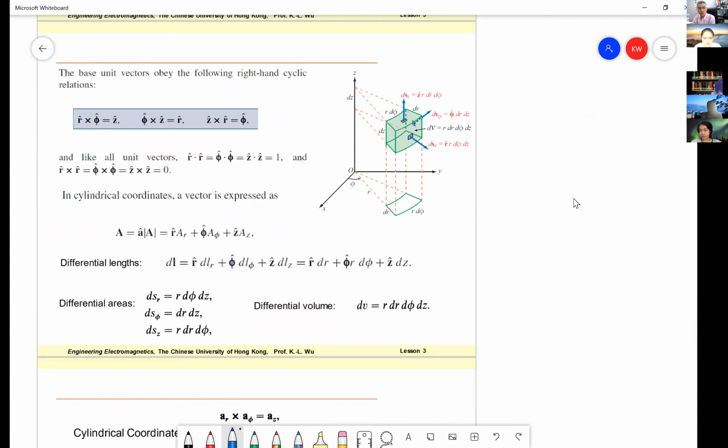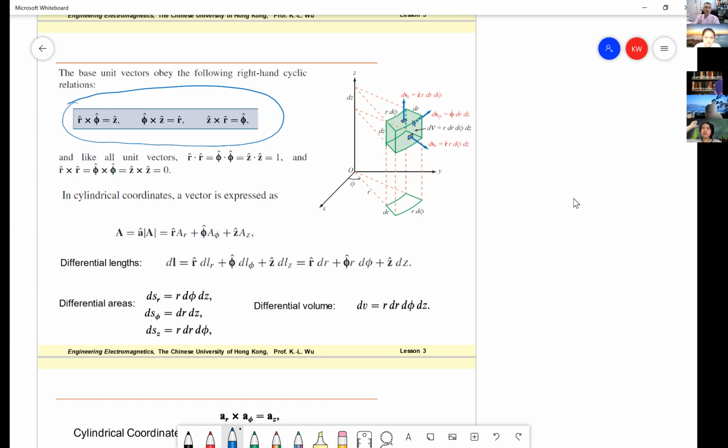According to the definition of the cross multiplication of two vectors, this is a way to define a right-hand orthogonal coordinate system. So if you have r cross phi, the thumb points to the z direction, or phi cross z defines the r direction.